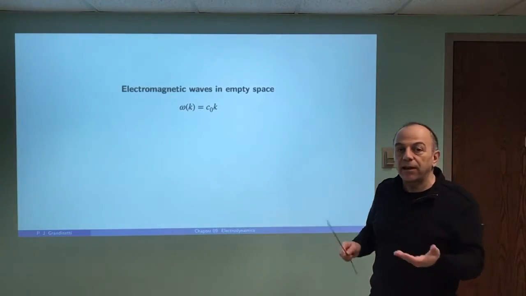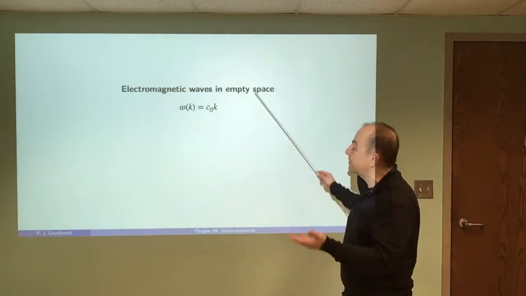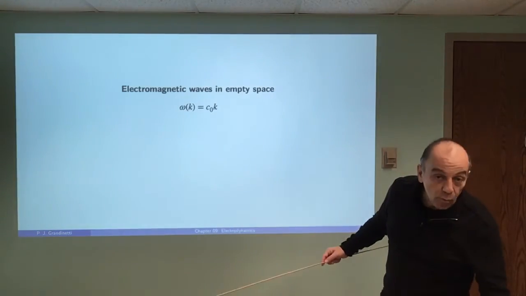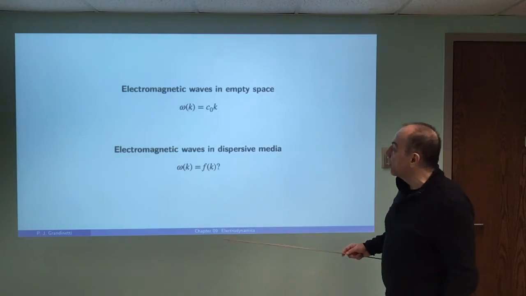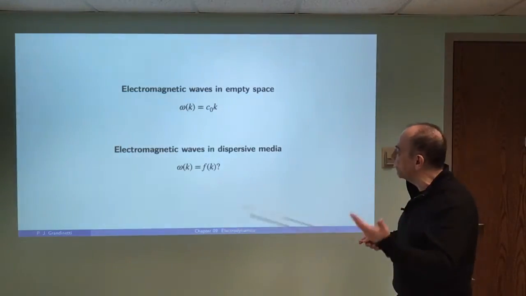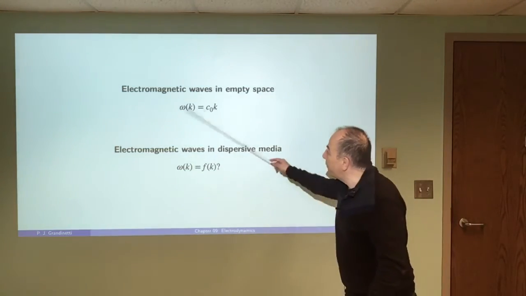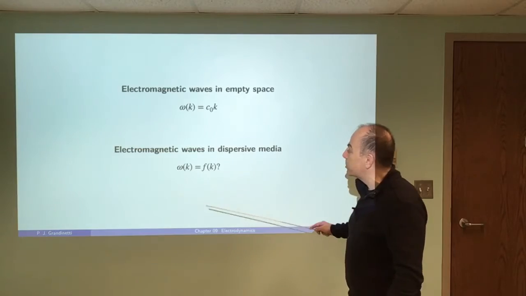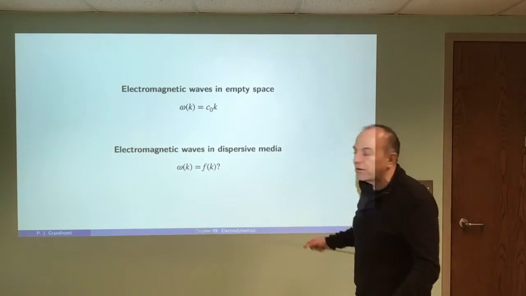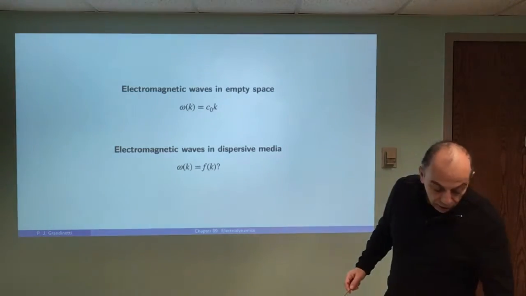The speed of the light wave is independent of the wavelength as the light propagates through empty space. But when we start having light propagating through dispersive media, as it comes through the atmosphere or through glass or whatever, then we may find that this dispersion relationship is no longer true, and that there is some kind of nonlinear relationship that we have to learn about.